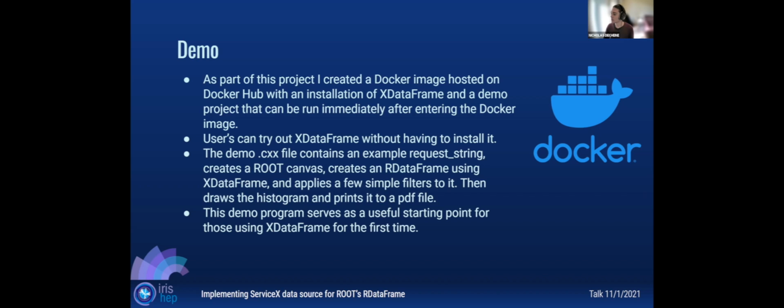The demo file contains an example request string, creates a ROOT canvas, creates an RDataFrame using this library, applies a few simple filters, draws a histogram, and prints it to a file, bringing someone through the whole hypothetical analysis process using this library. It definitely serves as a useful starting point for someone who just wants to check it out.